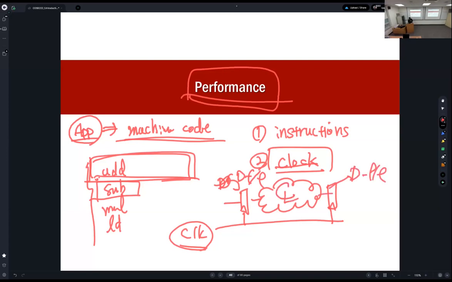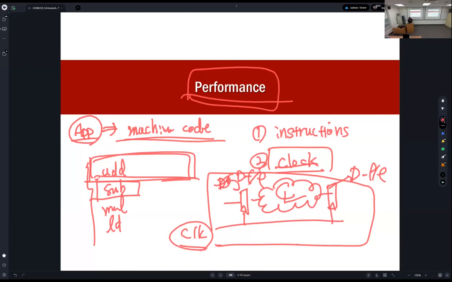Then this is combinational logic. The system is composed of many blocks like this. And then, how does this system work?